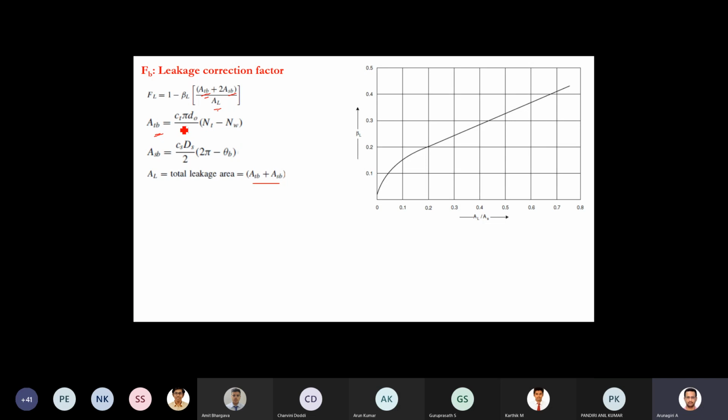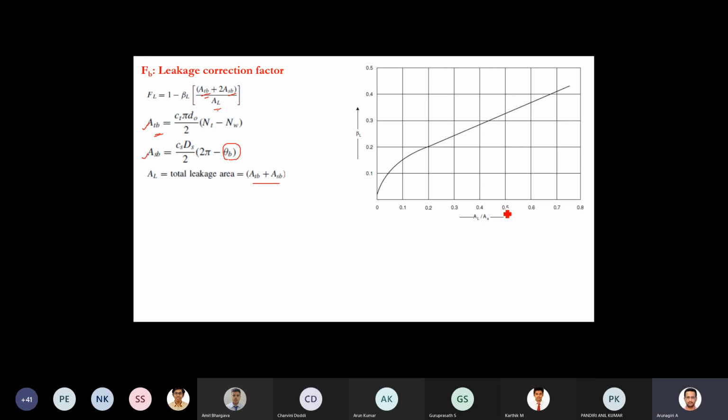This much times CT into pi D naught by 2 will give the ATB. ASB is CS DS by 2 into 2 pi minus theta B, where theta B is the angle subtended due to the baffle. Okay, this AL is the total leakage area, that is the sum of ATB plus ASB.